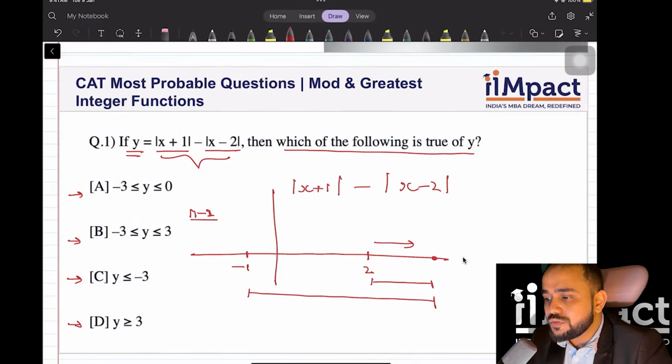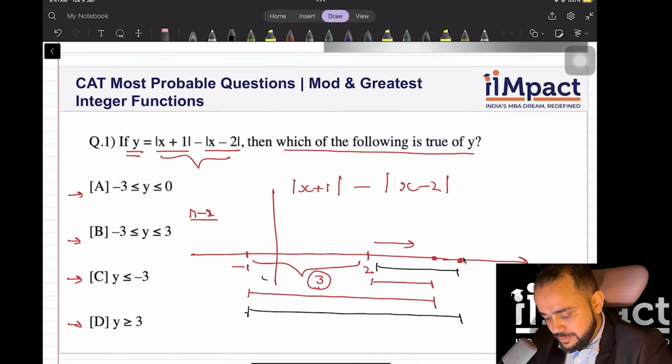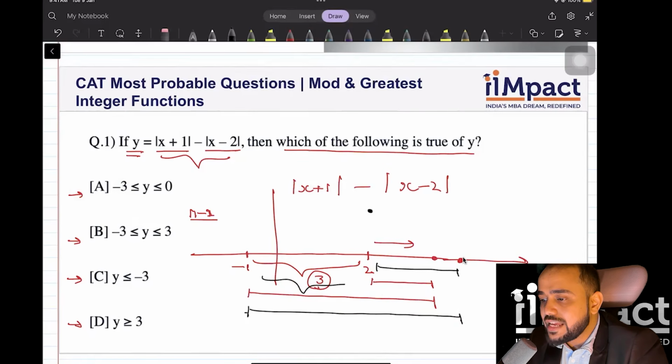The difference of these distances is a fixed quantity, which is 3. And it doesn't matter where this point is. It can be here, and you would write the distances like this, and the difference would still be 3. So on the right side of 2, this function has a fixed value of 3.